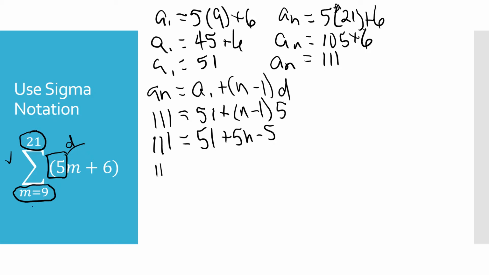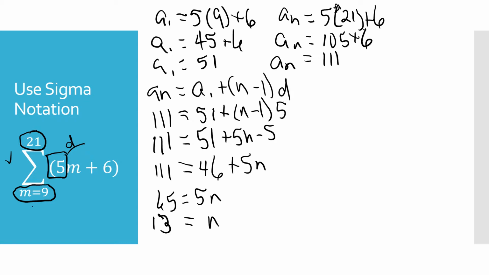And so then 111 equals 46 plus 5n. And let's subtract 46 from both sides. So 111 less 46 is 65 equals 5n. And we're going to divide both sides by 5, where n is equal to 13. 65 divided by 5 equals 13.